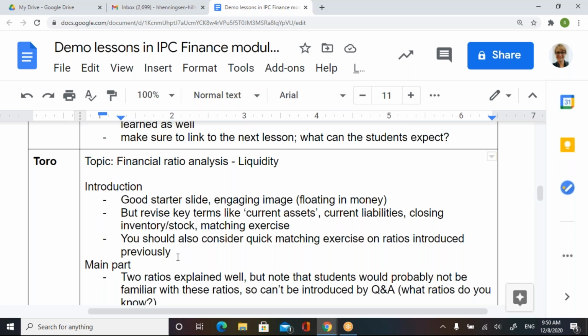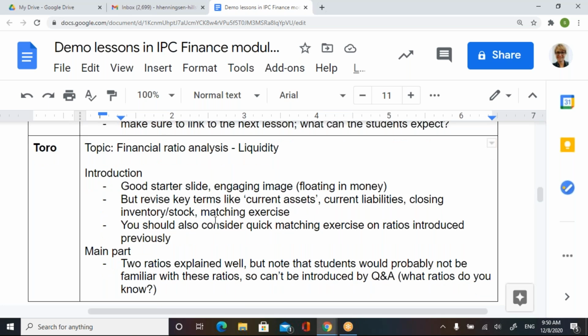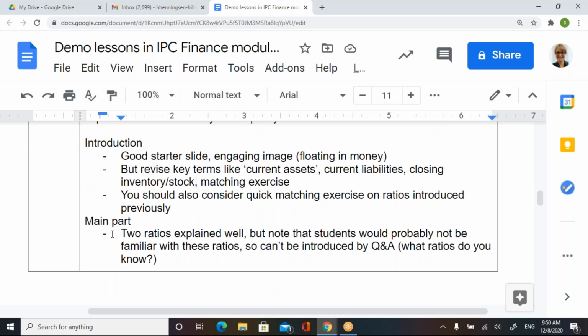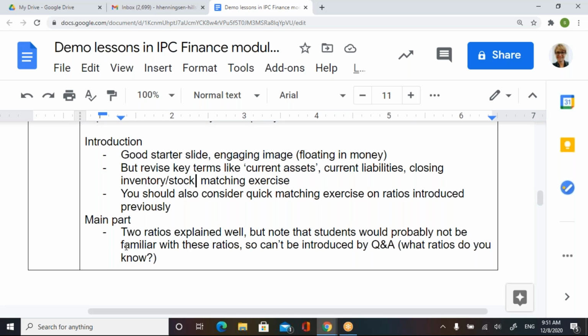Okay, like I said, if you've introduced already the profitability ratios, you can refer to those. But also these key terms they know from the end of year statements, make sure they know them from the introduction as well. Or you could move that part into the main part if you like.